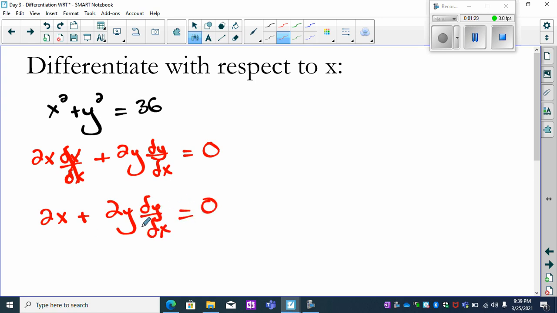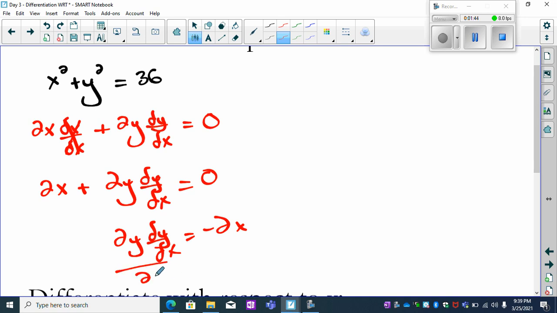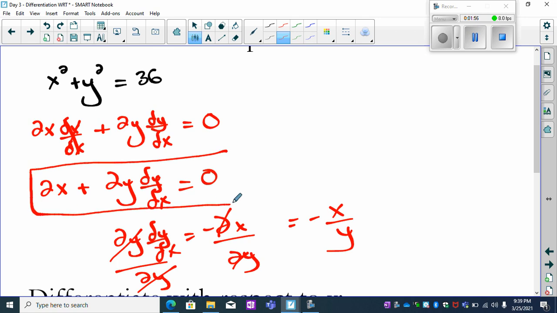Now, if I were to solve for dy over dx, I would subtract 2x from both sides, and then divide both sides by 2y. And I'd end up with negative x over y for my dy over dx. It didn't say to solve, so all I really had to do was this line right here.